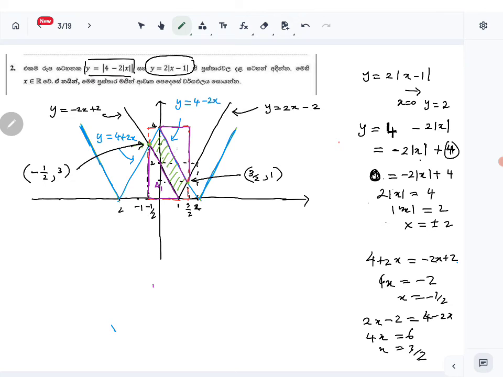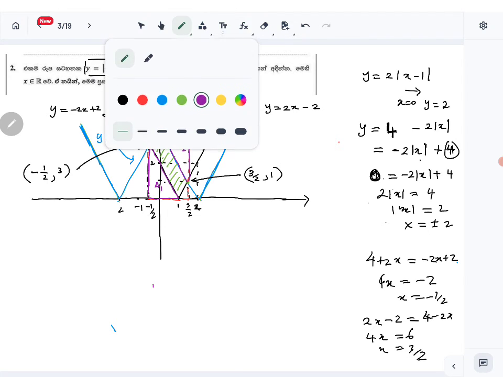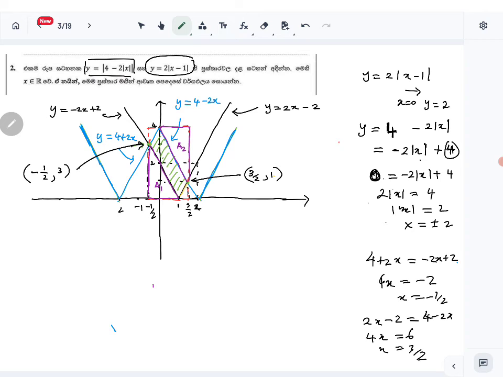Let's say A1, A2. And these two small right triangles are also easy to find. These two, A3, A4. So then let me mark the area we want as A5.